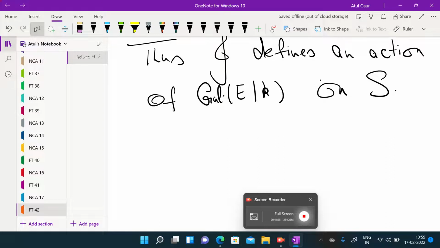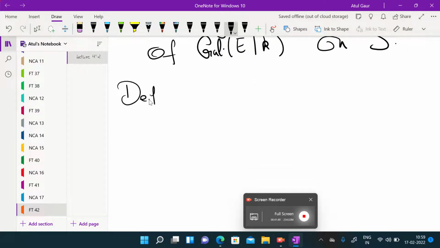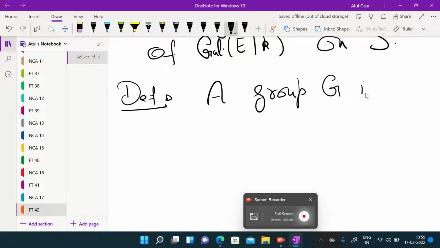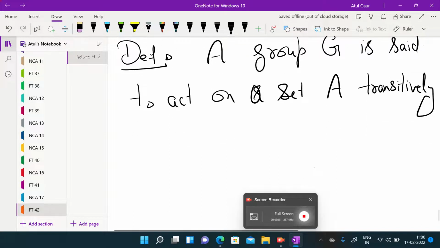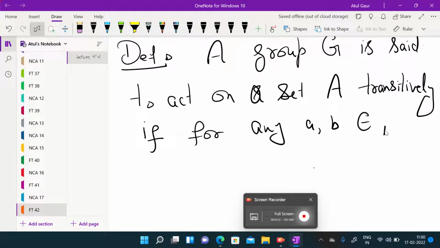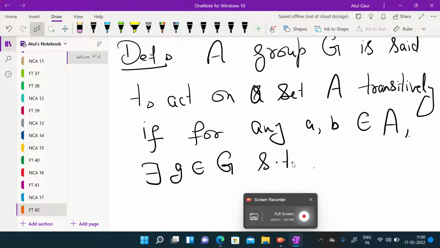So one more definition on this group action. A group G is said to act, by group action, on a set A transitively, that means the group action is transitive, if for any a, b in A there is an element g in G such that phi of (g, a) equals b.